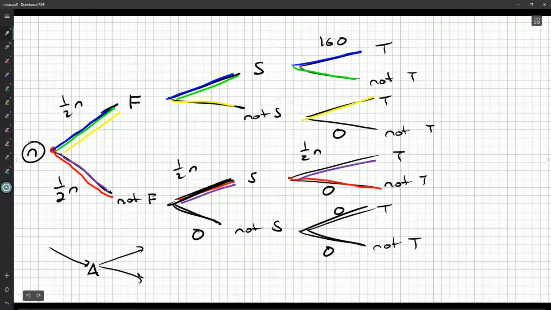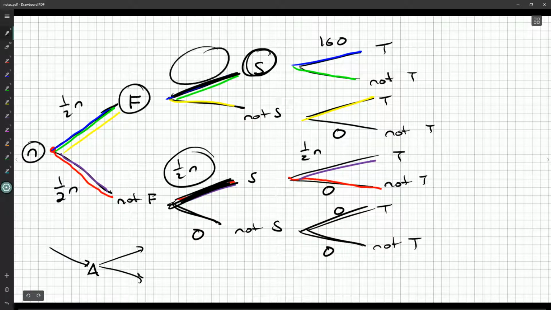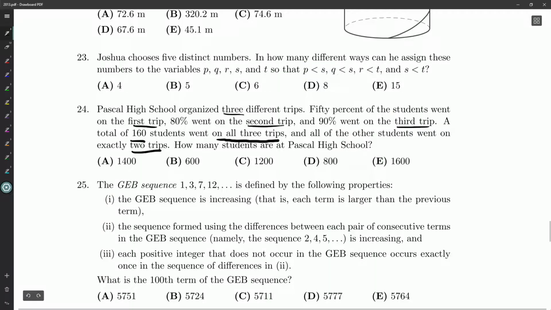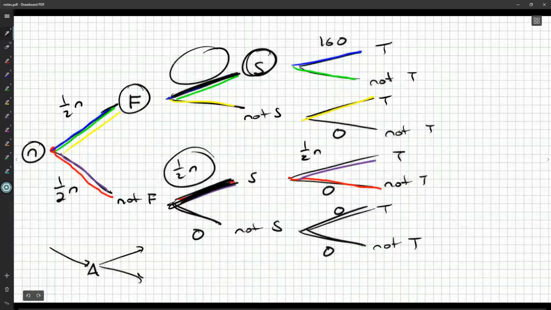Now, in terms of the number of students who went on the second school trip, there's 2 S's. This S up here is not students who went on the second trip. It's students who first went on the first trip and then went on the second trip. But together, these 2 numbers should add up to the number of students who went on the second trip, which would be 80% or 4/5 n.